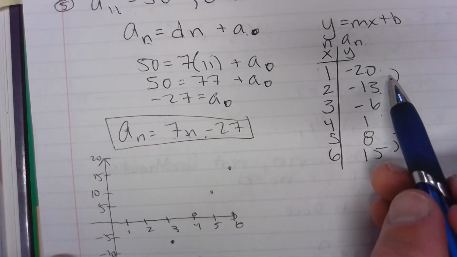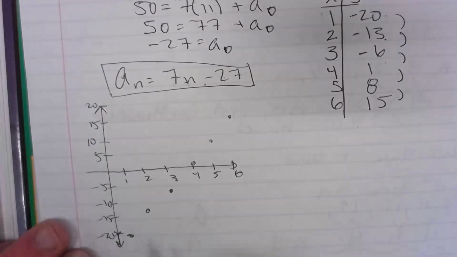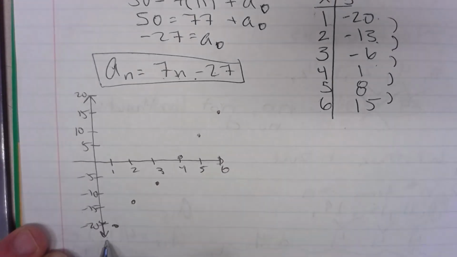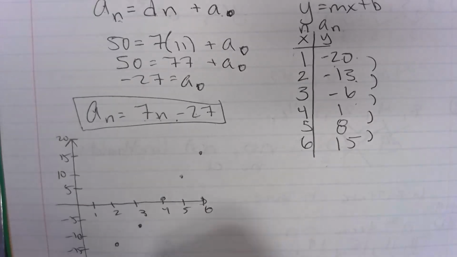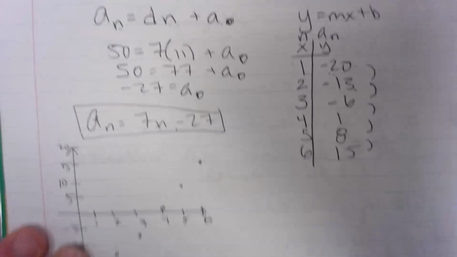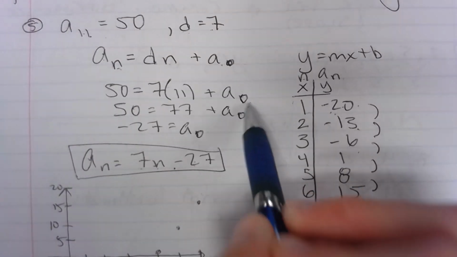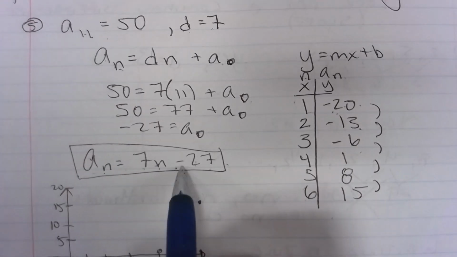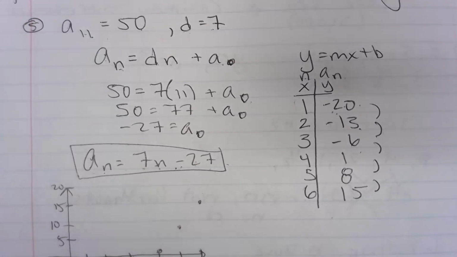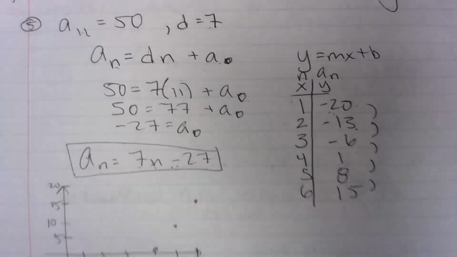Right, our y-intercept would have been at -27 down here. Our first point is -20, so our first term is -20. So we found our a sub 0. We plug it back into the equation. A sub n equals 7n plus a sub 0, in this case -27.